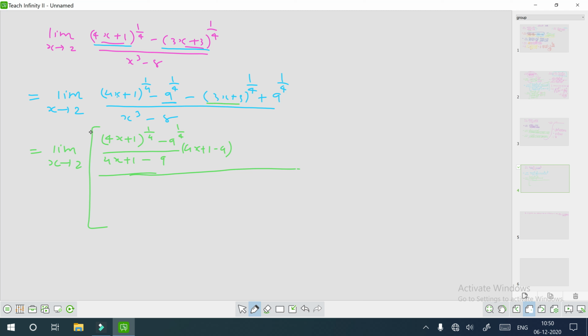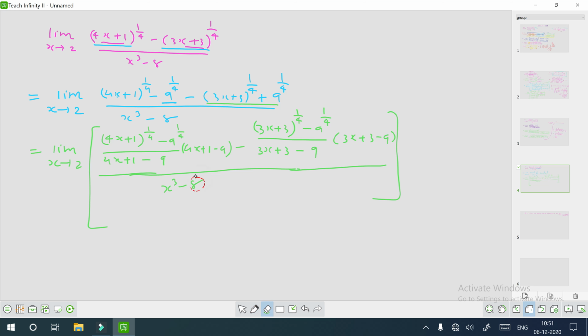If I take the minus sign common here, what do you get? Minus sign, 3x plus 3 raised to 1 by 4 minus 9 raised to 1 by 4. So we need to multiply and divide by this one, 3x plus 3 minus 9. Of course, the denominator quantity is x cube minus 8.